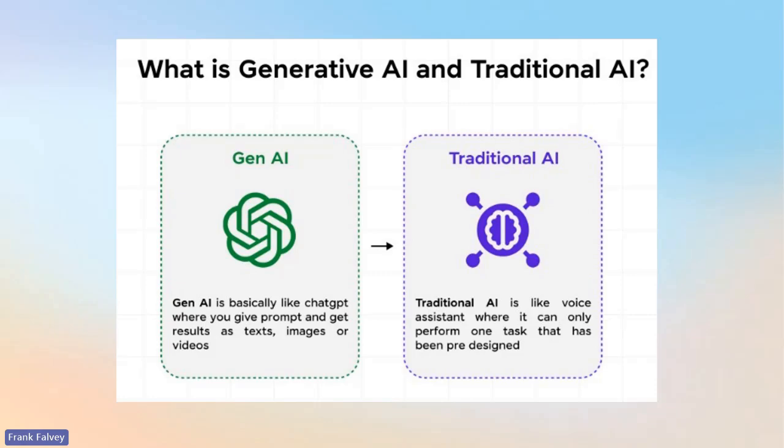Gen AI is like ChatGPT, where you can give a prompt and get it to write a document or an article, or make images or even videos. I tend to say, look at the Gen part, it's generating stuff for you, whereas traditional AI is like a chatbot, it's just put together and does the same things all the time.